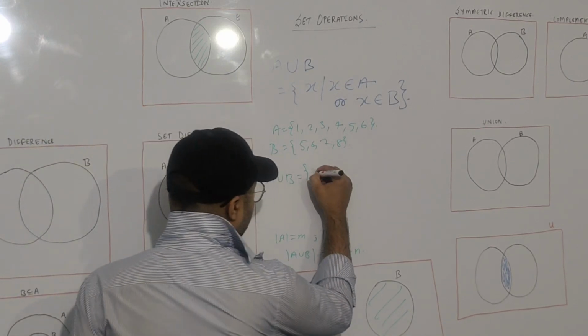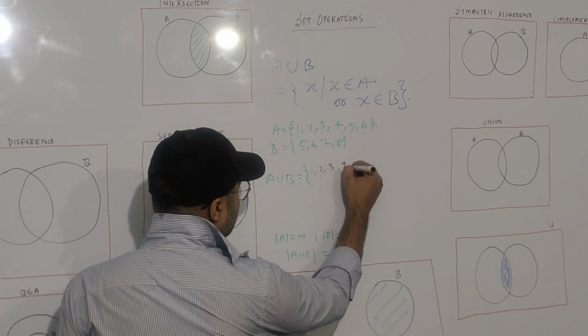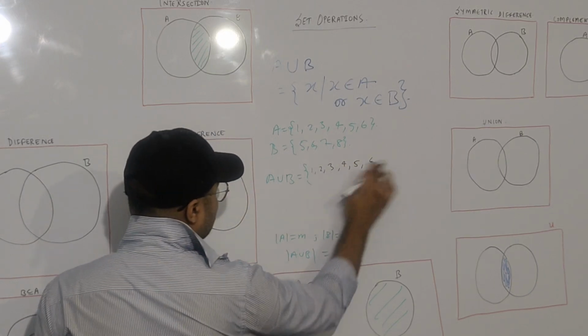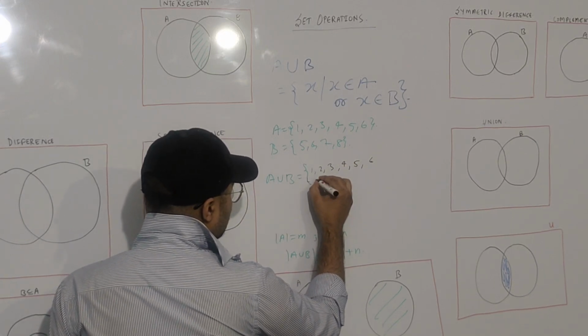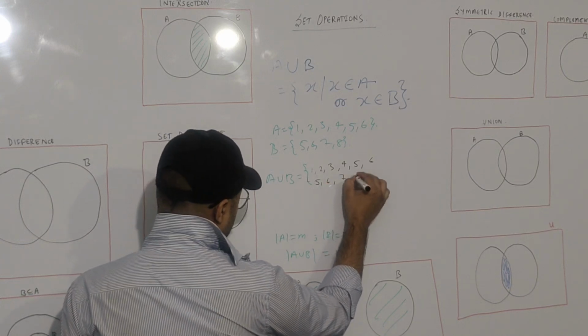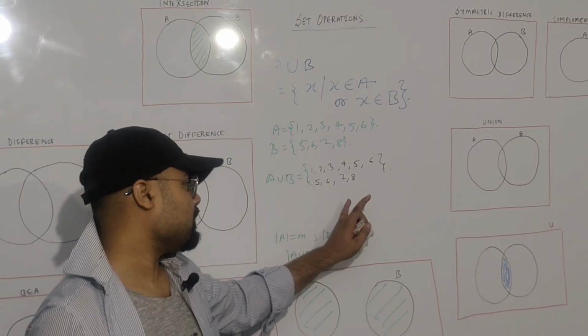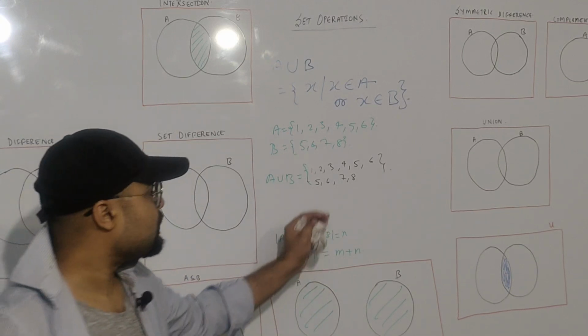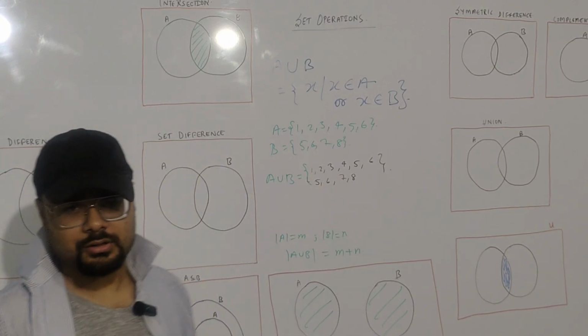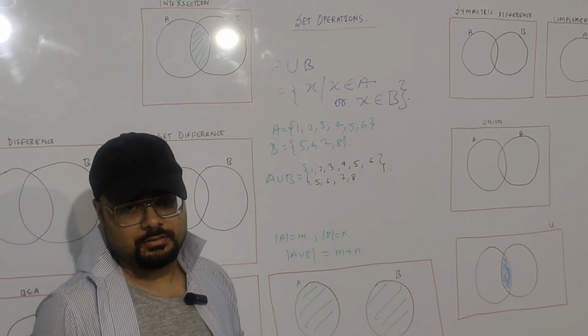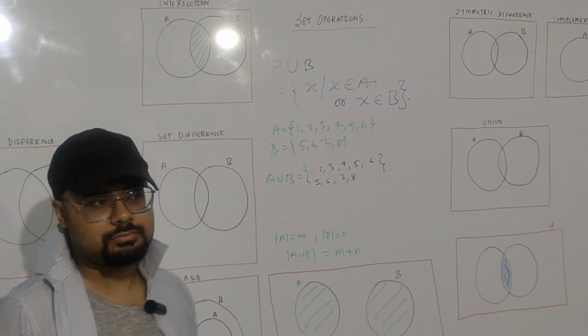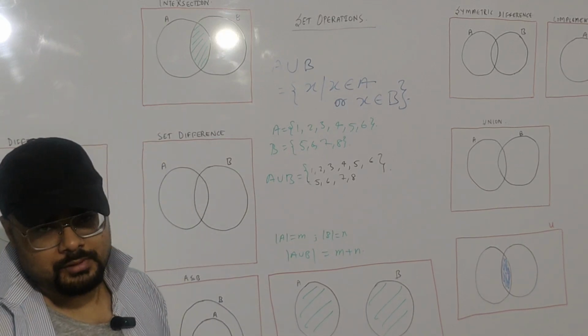So let's say you write all the elements of A, 1, 2, 3, 4, 5, 6, and then all the elements of B, 5, 6, 7, 8. Of course, when you are writing your set in this manner, you will correct yourself. You are not going to write 5, 6 twice because duplicates are not allowed in sets. Duplicates are ignored in sets.